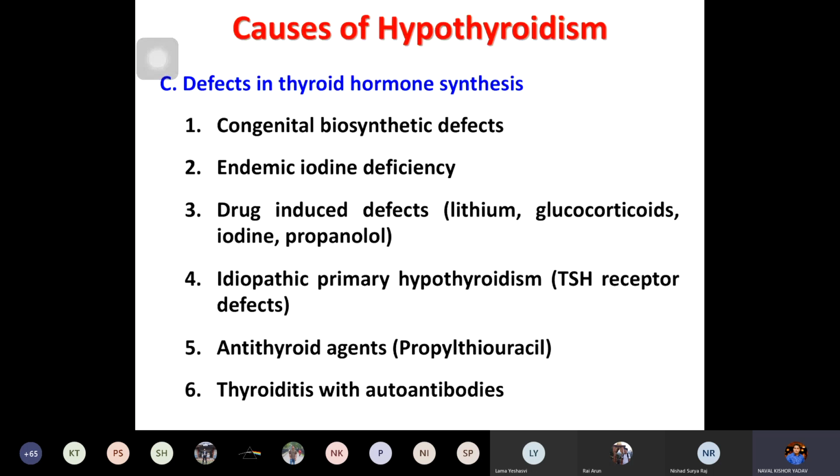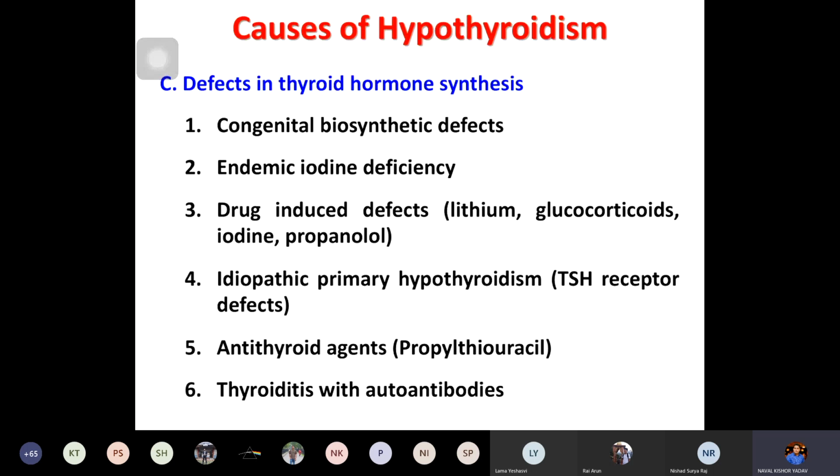And second, the coupling of DIT and MIT will also be hampered by the antithyroid agents. Another cause is autoantibodies, which are produced against the thyroid glands. There is a production of autoimmune antibodies, which decrease synthesis of these thyroid hormones, and finally you will have hypothyroidism.